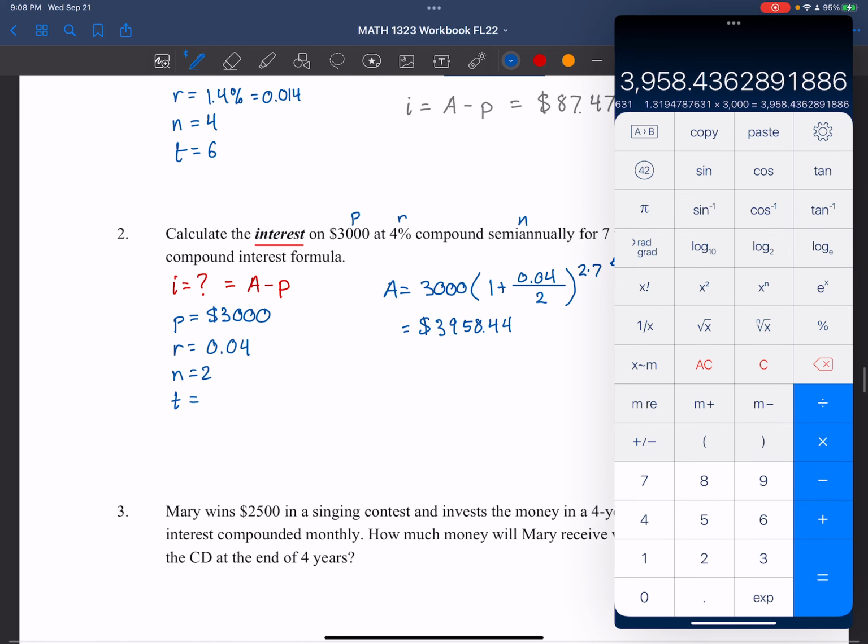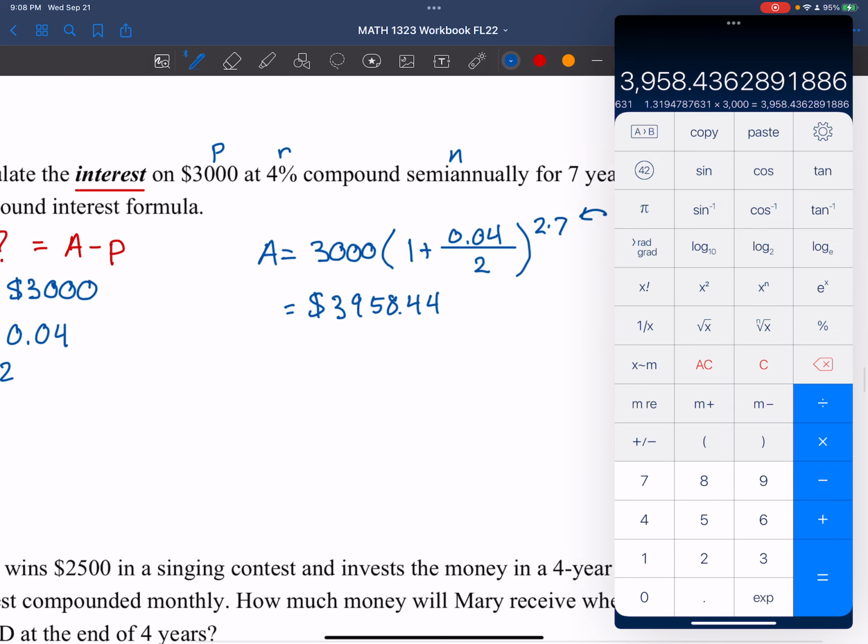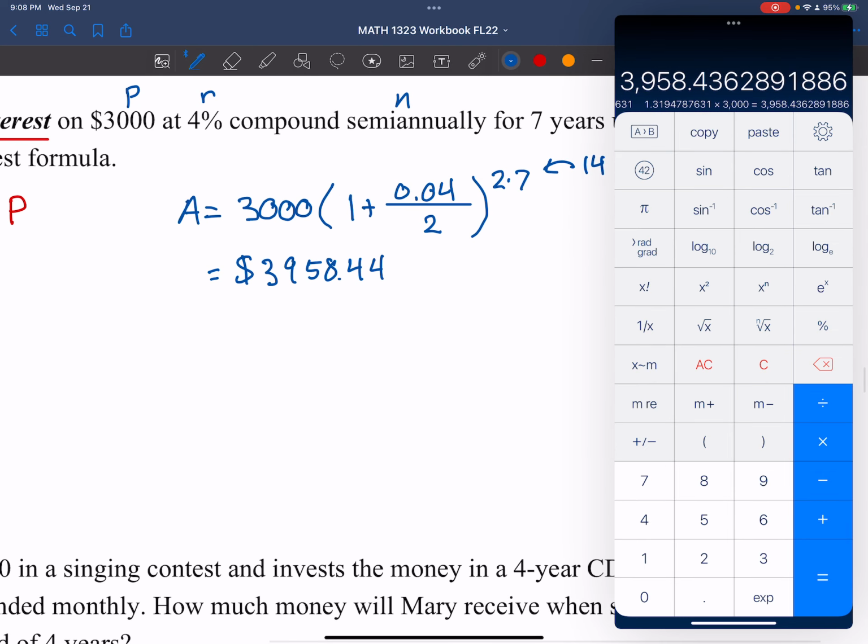But remember, we're asked for the interest. Like I said, a problem like this might be a little tricky on an assessment because you get a value and that might be one of your options in a multiple choice, or probably will be actually. I'll try to even disguise that. But you want to make sure you get the interest. So I is equal to that value we got, which is the 3,958 and 44 cents.